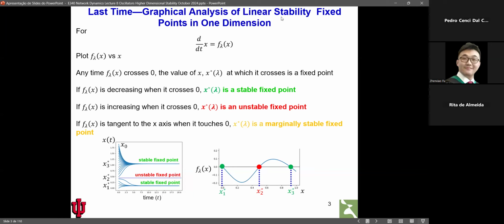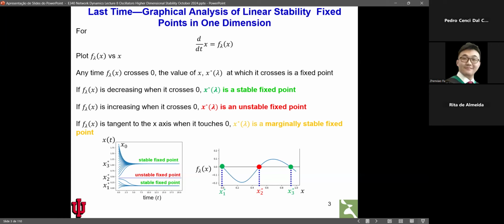If you want to analyze the linear stability, you first have to know what a fixed point is. The fixed point is when f_lambda is equal to 0. So the first thing you have to do is to discover the roots of the function f. Anytime f_lambda crosses 0, the value of x, which is x star, depends on lambda, because lambda is the parameter of the equation.